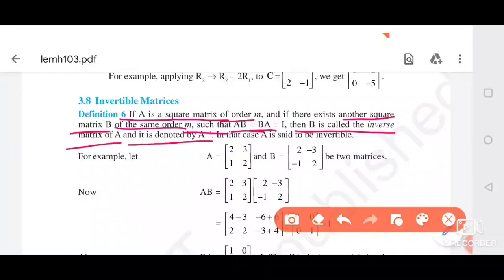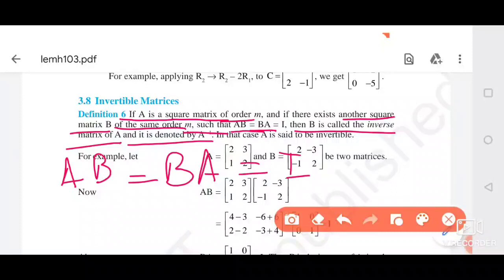So from here we can understand that there are two matrices, and both the matrices should be square matrices and both should be of same order. If we can write AB is equal to BA is equal to I, then from here we can say B is the inverse of A, and we can denote this B by A inverse.